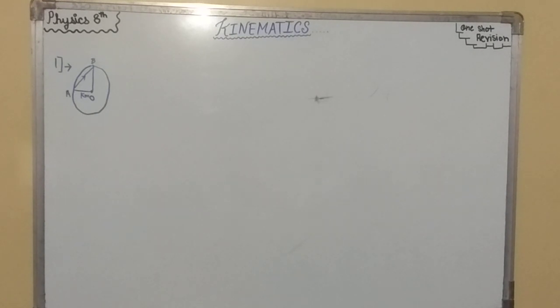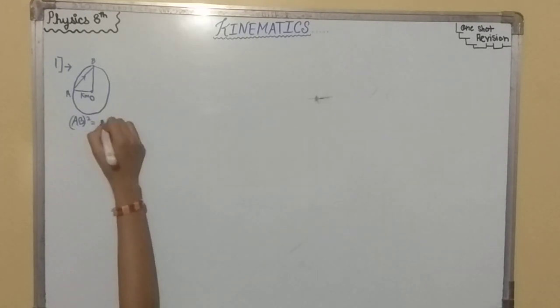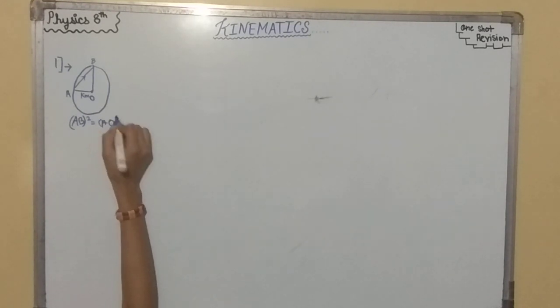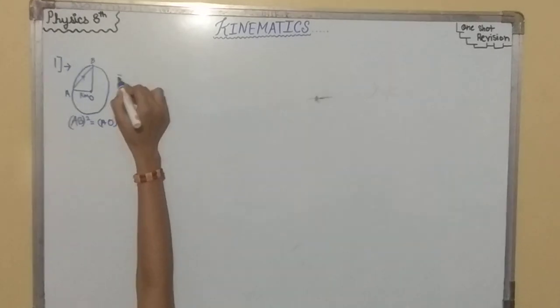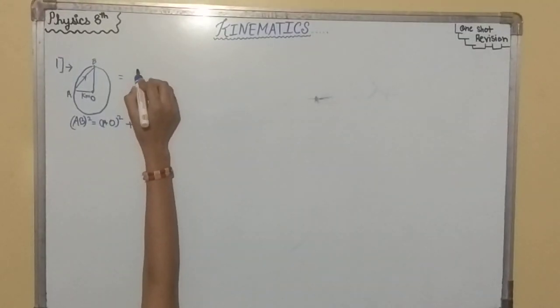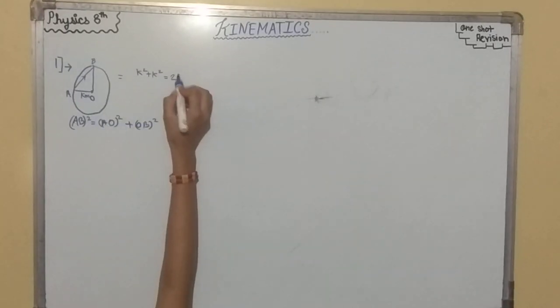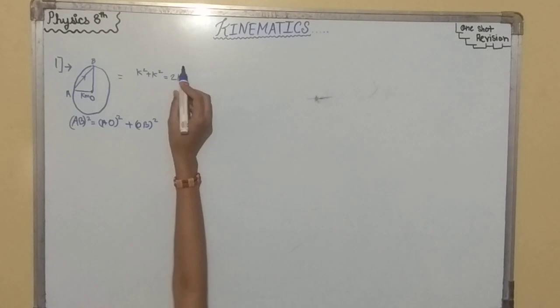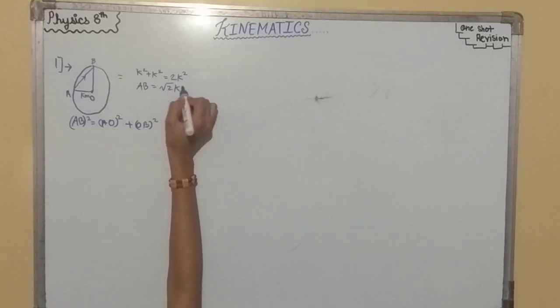So in triangle AOB, from Pythagoras theorem, we'll get that AB whole square is equal to AO whole square plus OB whole square. This will be k whole square plus k whole square is equal to 2k square. AB will be equal to root 2k meter.